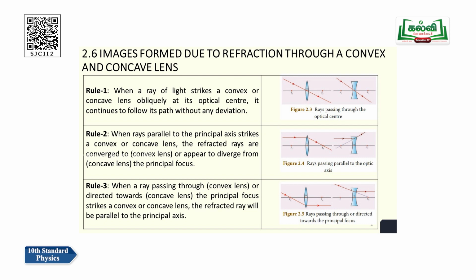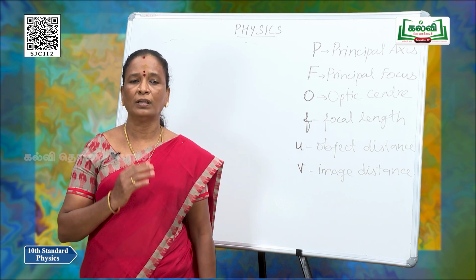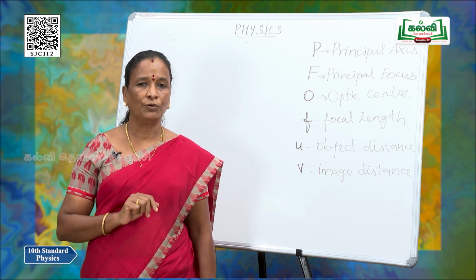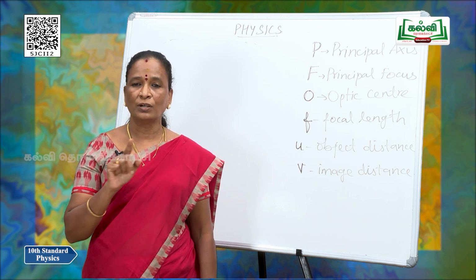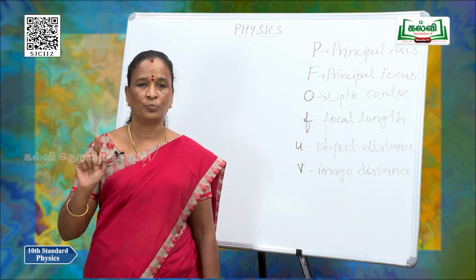Let us see rule 3. When a ray passing through the principal focus strikes a convex or concave lens, the refracted ray will be parallel to the principal axis. So the third rule is just the opposite of the second rule. In the second rule, a ray parallel to the principal axis passes through the principal focus after refraction.